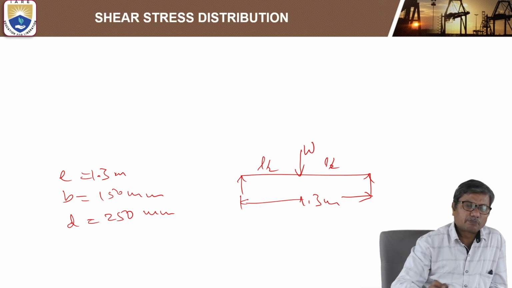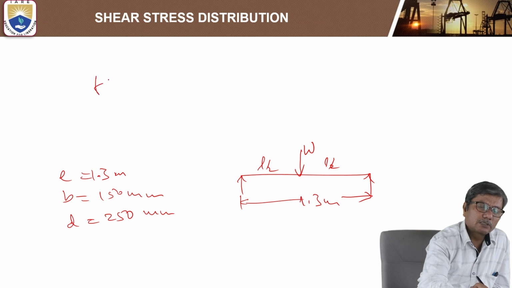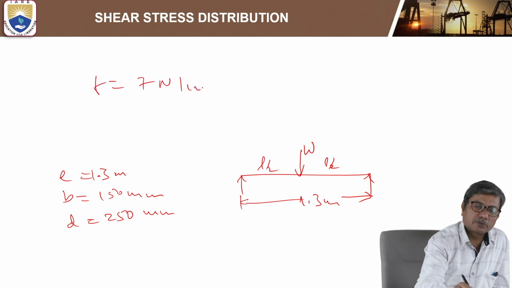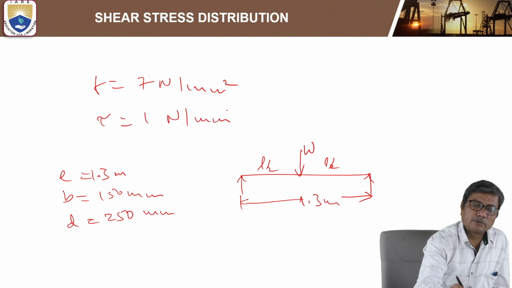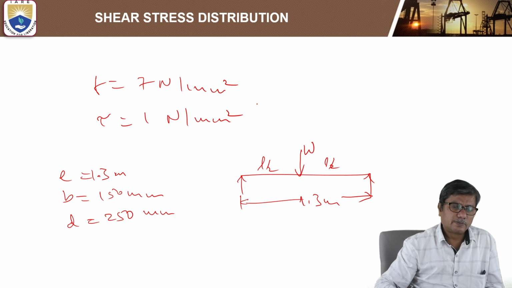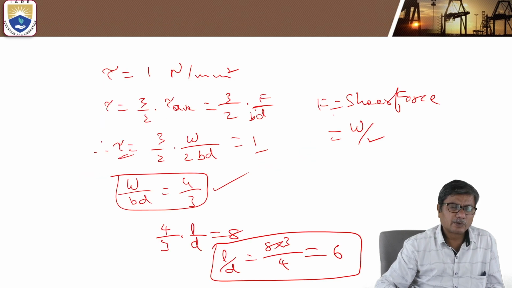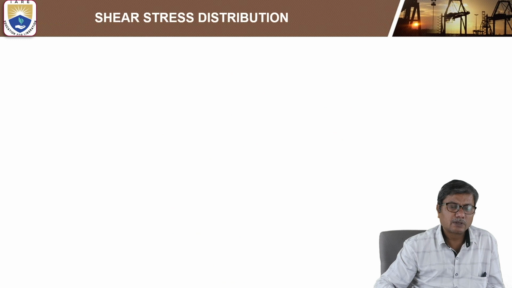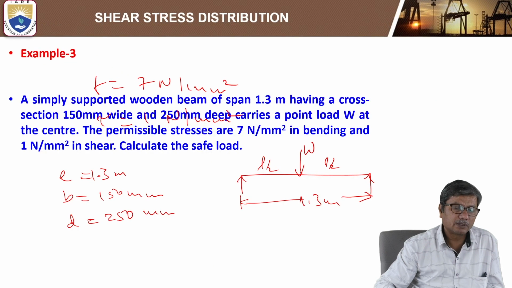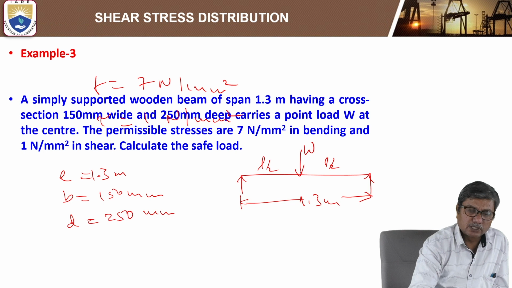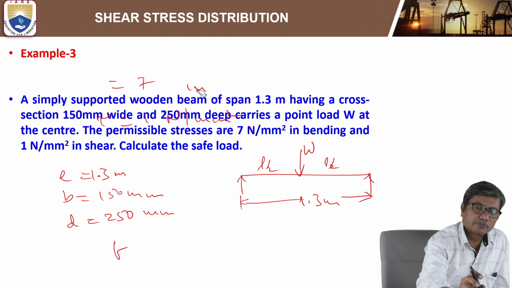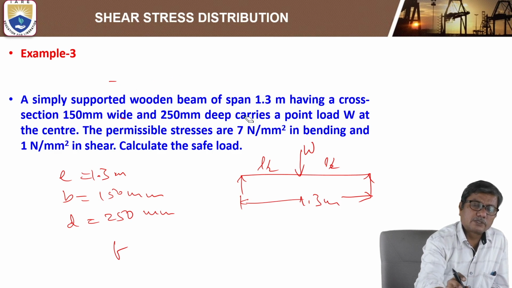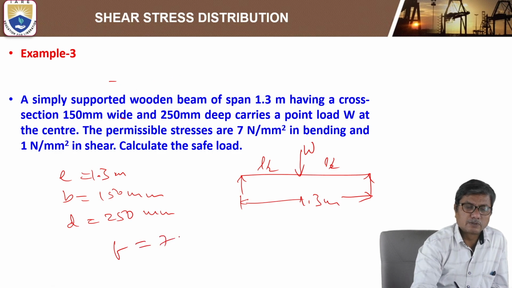Now the limiting bending stress is 7 Newton per mm square and the limiting shear stress is 1 Newton per mm square. It is given. F is 7 Newton per mm square and tau is 1 Newton per mm square.